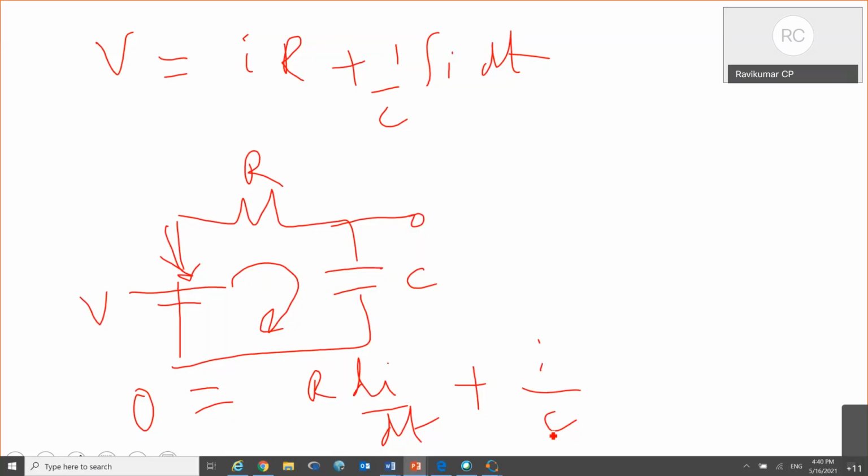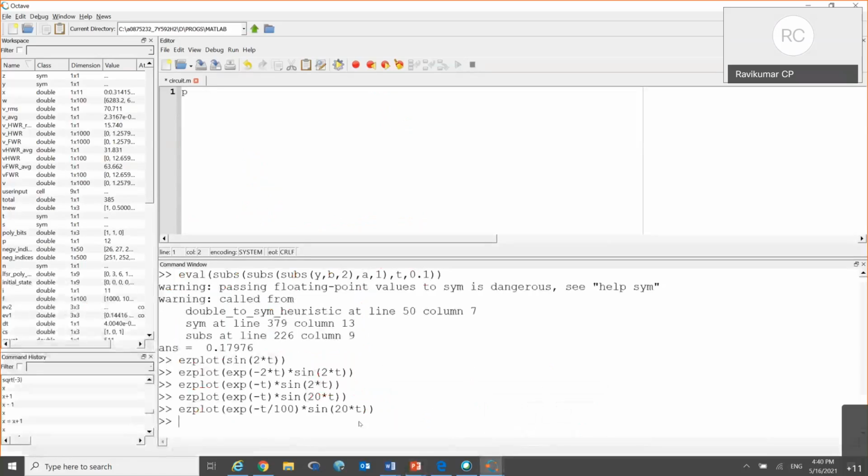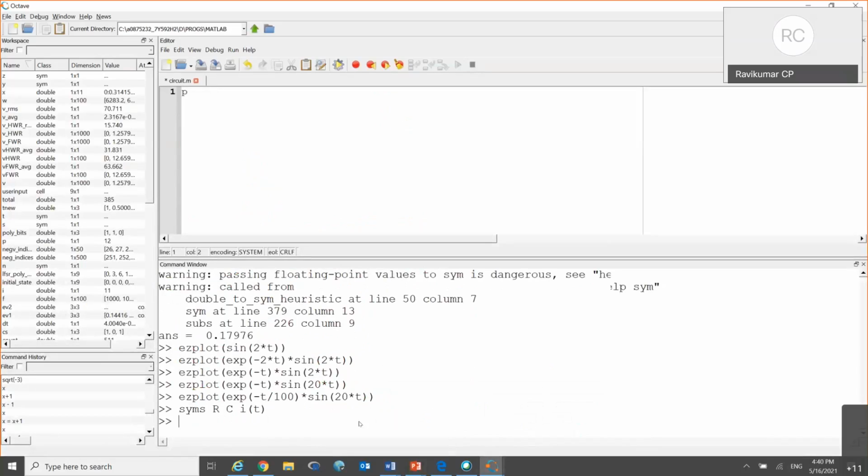So we'll try to declare that here. I is a function of t, R and C are constants.